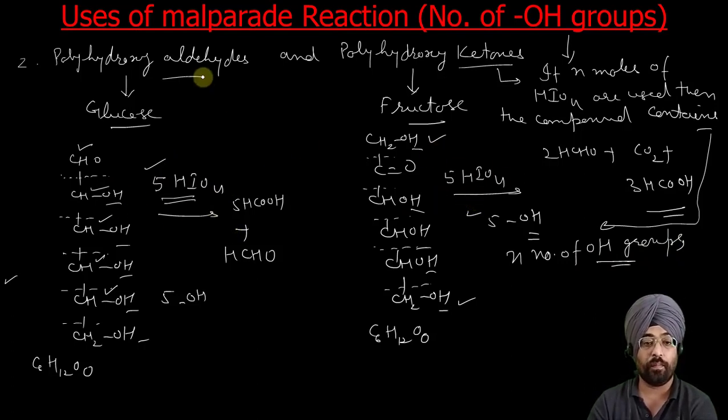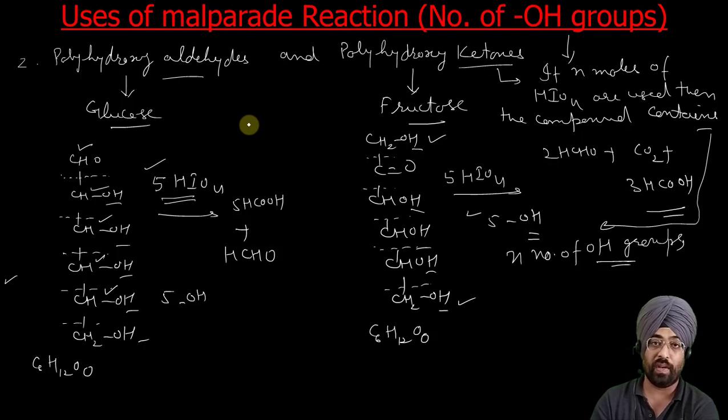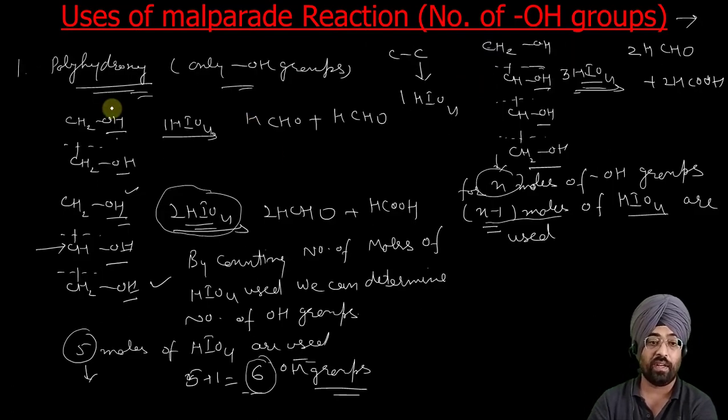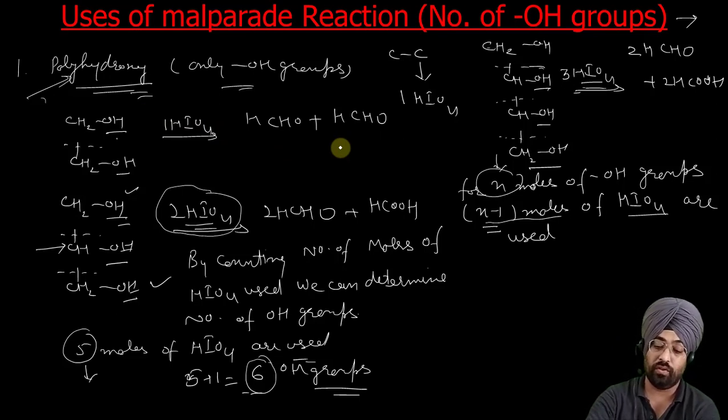So we can say for polyhydroxy aldehydes and polyhydroxy ketones, the number of OH groups is equal to the number of moles of HIO4 used, whereas if the compound is only polyhydroxy, then the number of OH groups is equal to n plus 1, where n is the number of moles of HIO4 used. So this is the difference.